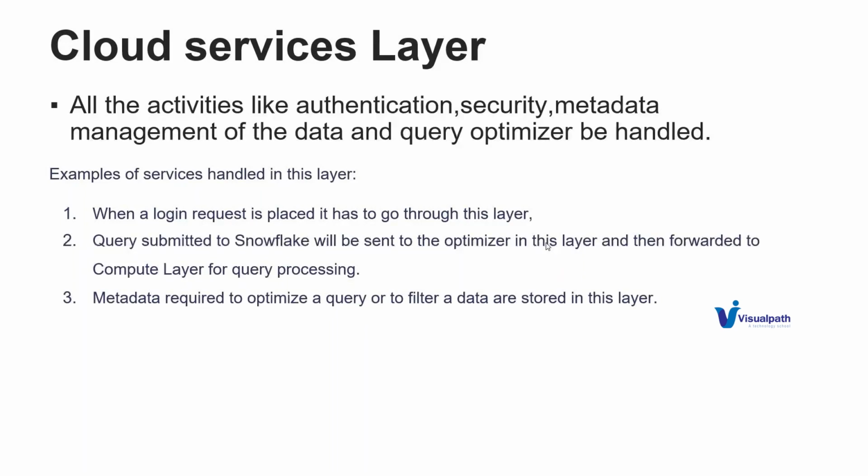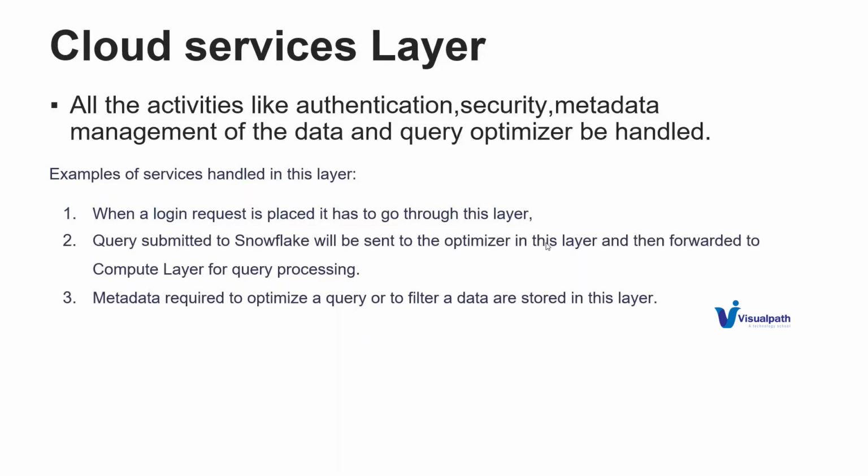The second example is, let's say I have submitted one query, select star from table. For us it's just a query, and within a fraction of seconds you will get the data on the screen. But in between this fraction of seconds, some process has happened.